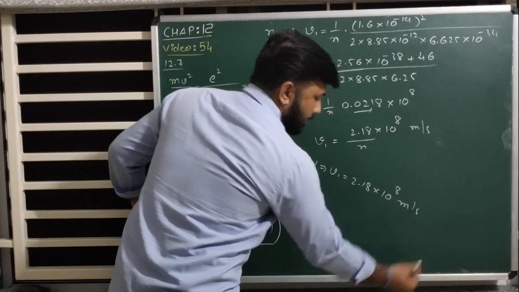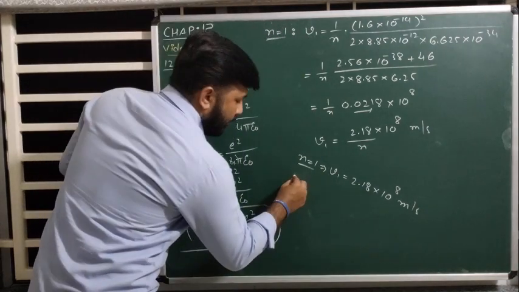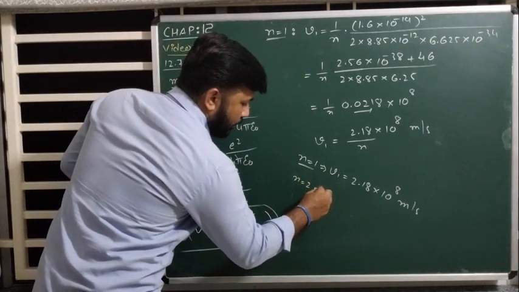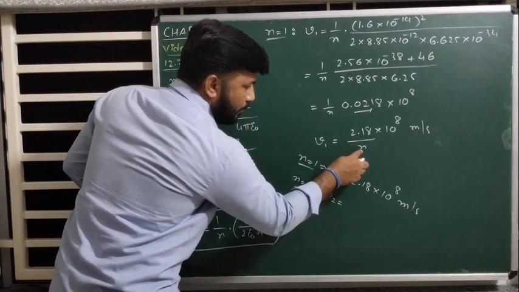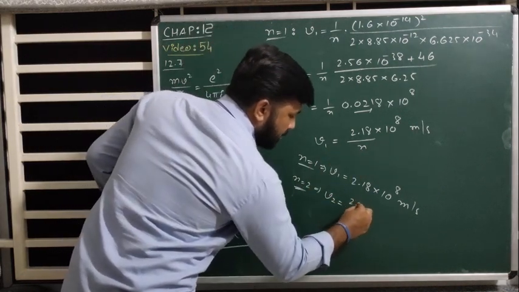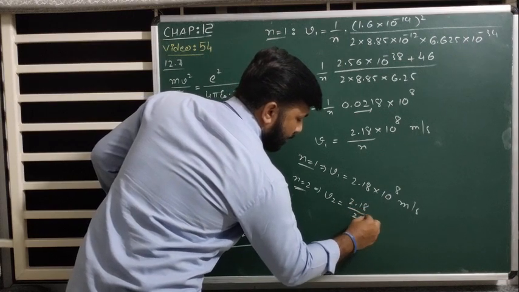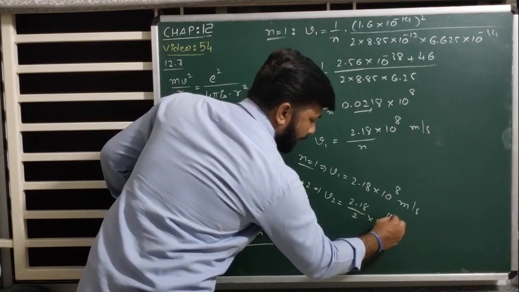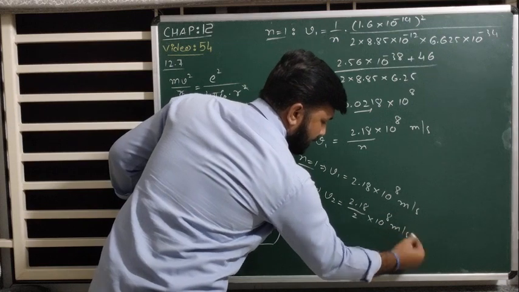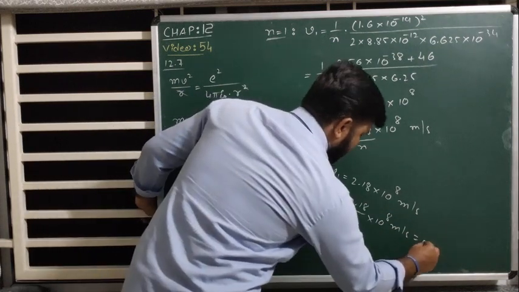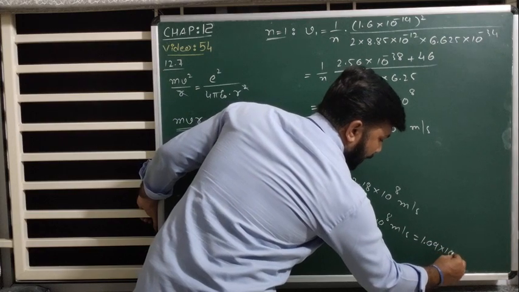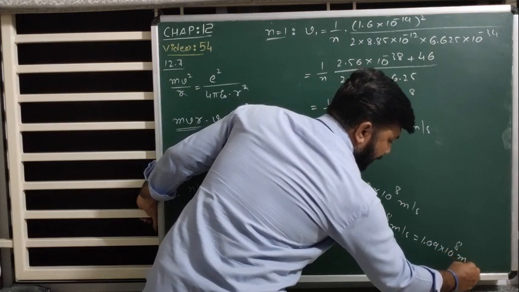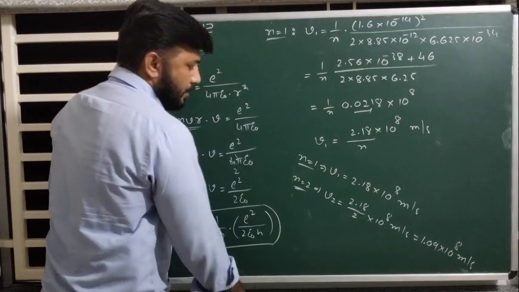meter per second. If you want to find for n is equal to 2, you will get v2 is equal to, put 2 here, that is 2.18 divided by 2 multiplied by 10 raised to 8 meter per second. So it will be 1.09 multiplied by 10 raised to 8 meter per second.